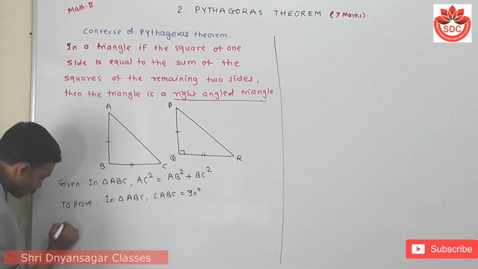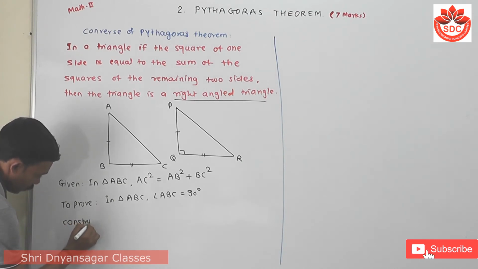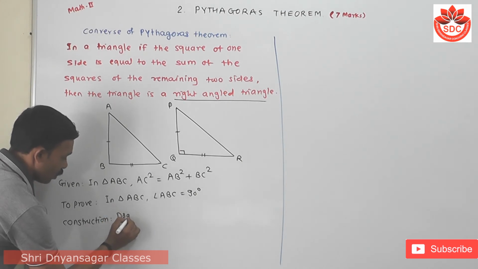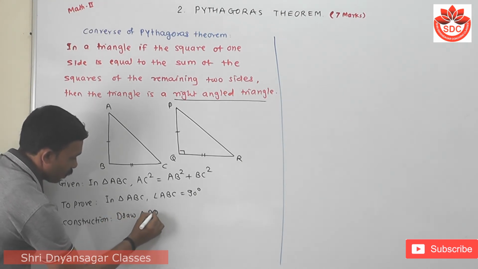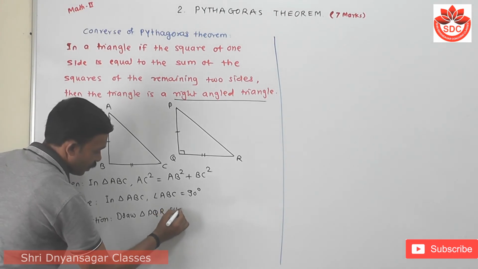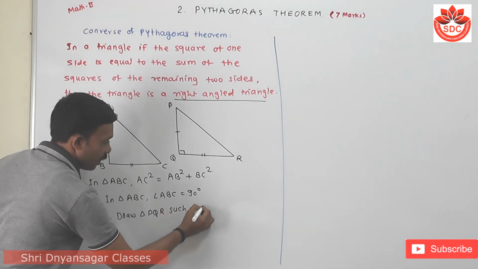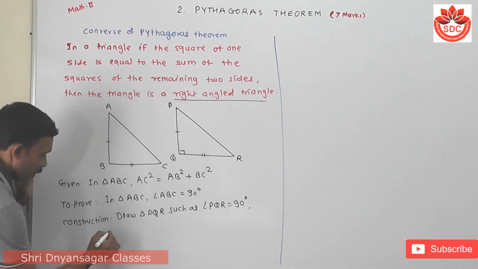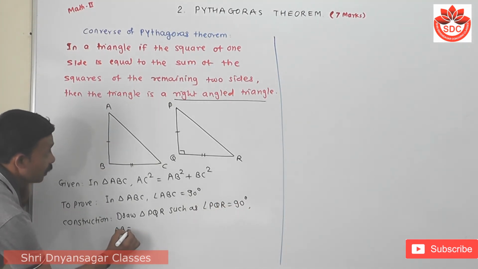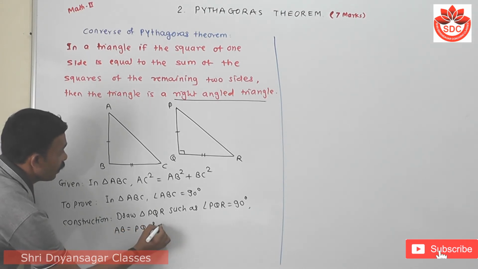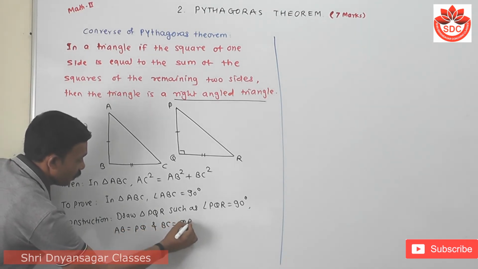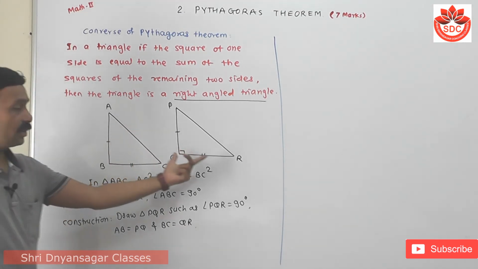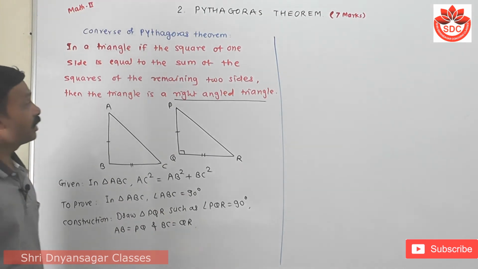So I will write its construction. Draw triangle PQR such that angle PQR is equal to 90 degrees, AB is equal to PQ and BC is equal to QR. This is our construction. Now comes the proof.